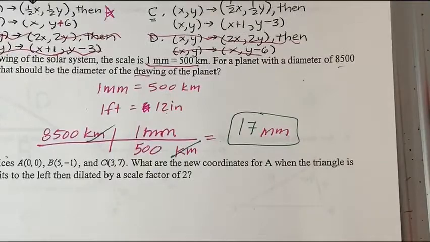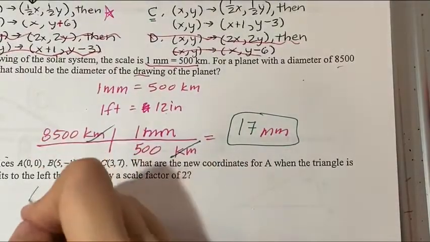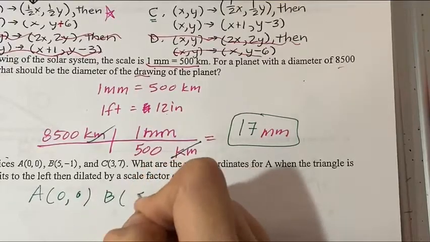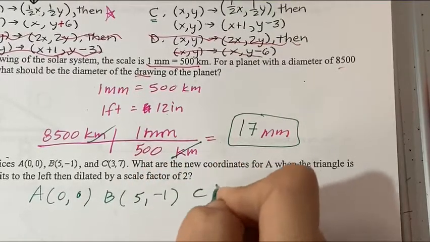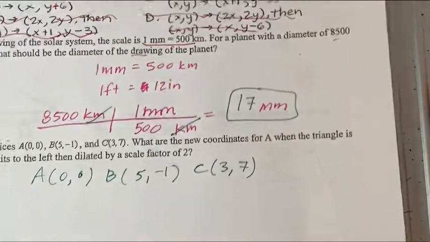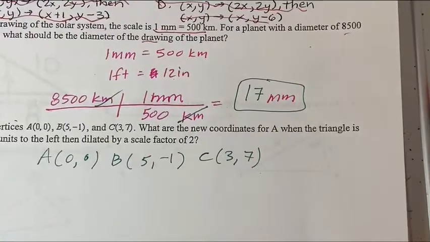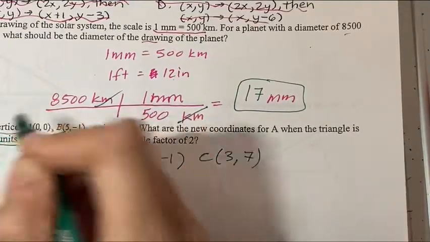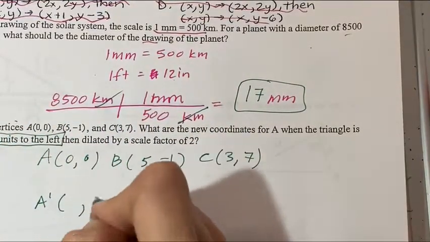Now, what's next? ABC has these vertexes. And what are the new coordinates for A when the triangle is translated to the left? Okay, so let's translate this thing to the left.